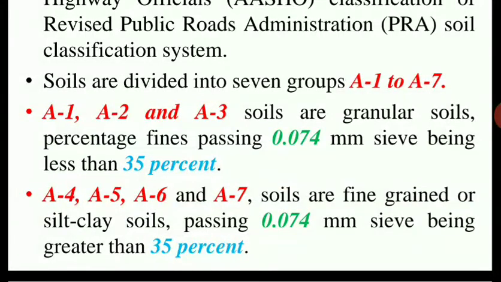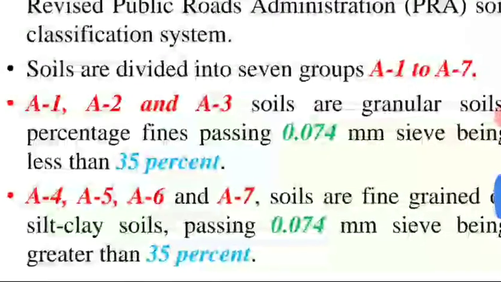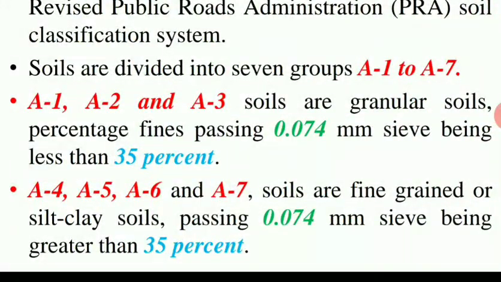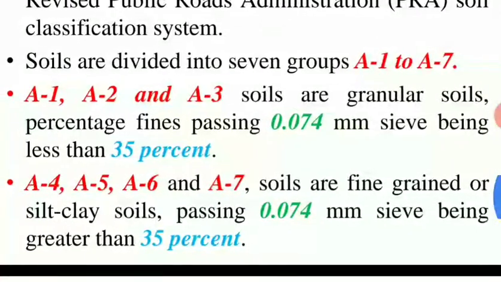Again, they have categorized the first 3 classifications of the soil, that is A1, A2 and A3, and the second category, that is A4, A5, A6 and A7, based upon the percentage of passing material. The first 3 classifications, that is A1, A2, A3 soils, are considered granular soils, and here the percentage of fines passing the 0.074 mm sieve is less than 35%, whereas A4, A5, A6 and A7 soils are considered fine grained or silt clay soils, for which the percentage passing the 0.074 mm sieve is greater than 35%.